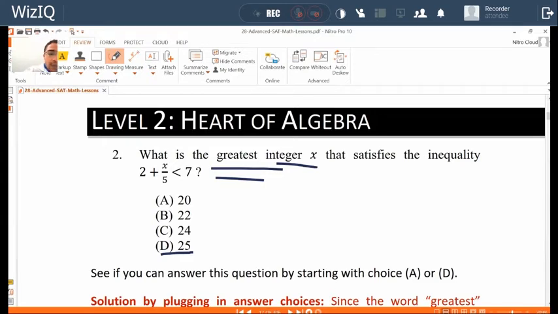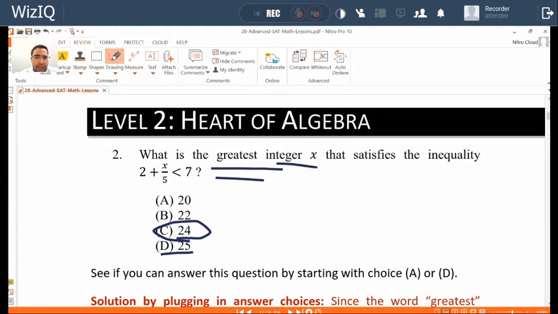So that would be 24. Now 24 would answer this question perfectly if you plug it in instead of x. That would be 2 plus 24 divided by 5. 24 divided by 5 would be between 4 and 5, 4 point something.